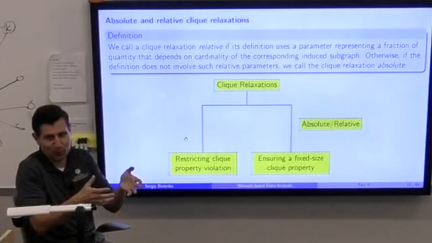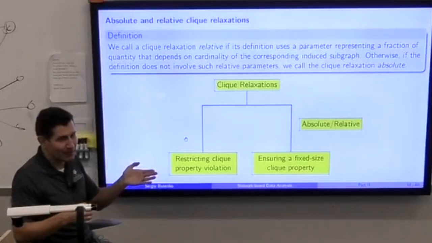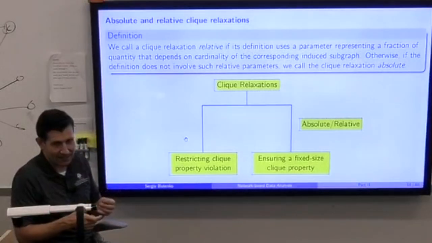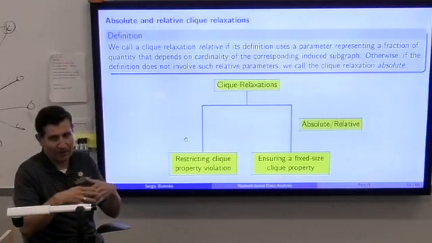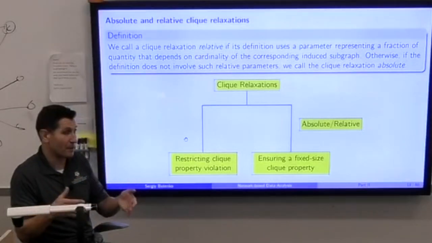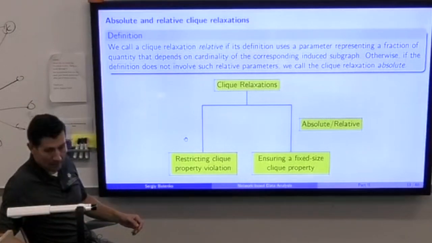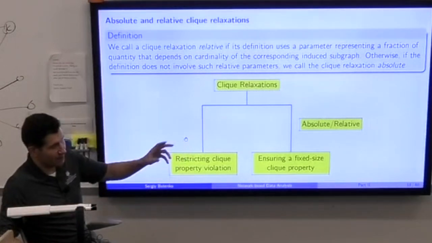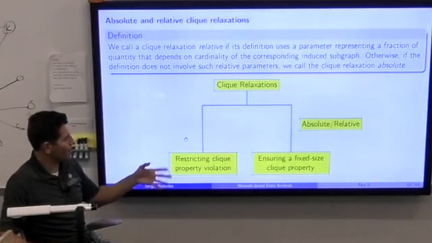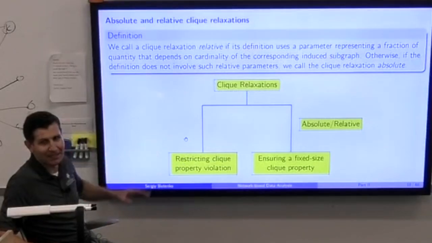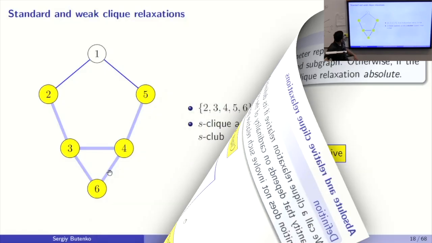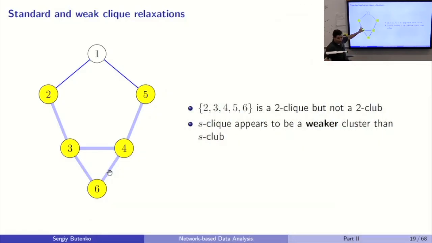If the absolute version makes sense, then typically the relative relaxation makes sense as well, makes things a little more flexible, and in many cases it actually makes more sense to consider the relative versions, right? There are some papers on these relative relaxations that started popping up, but it's not as common yet as the absolute ones. Remember, we talked about the difference between S-cliques and S-clubs.